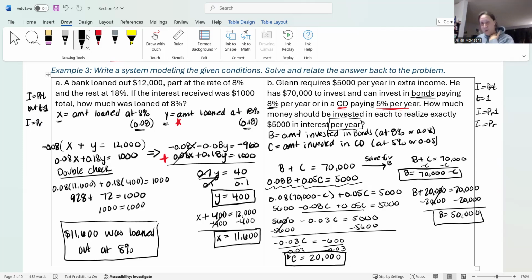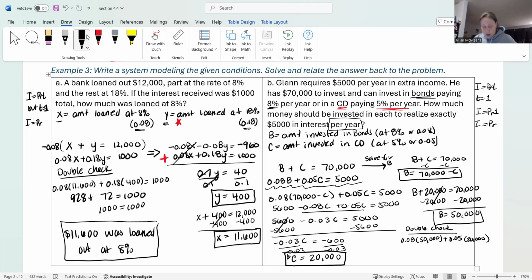So I'm kind of running out of room, but I think we can do it. So let's double check. We want to take the interest formula, which was 0.08 times B, which is 50,000, plus 0.05 times C, which is 20,000. And we want that to equal 5,000 total.